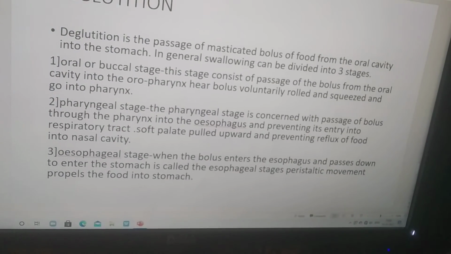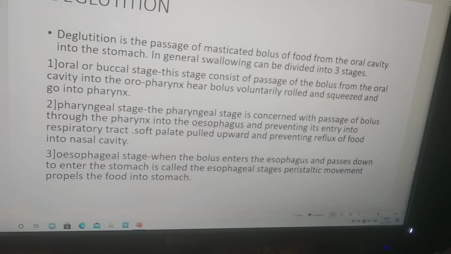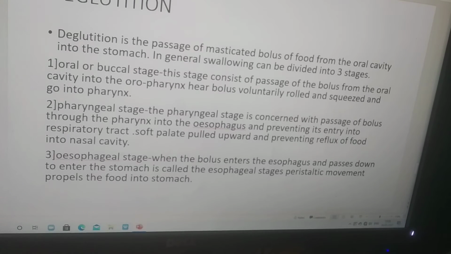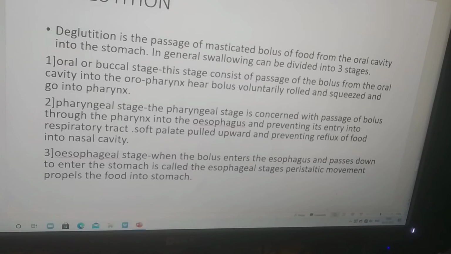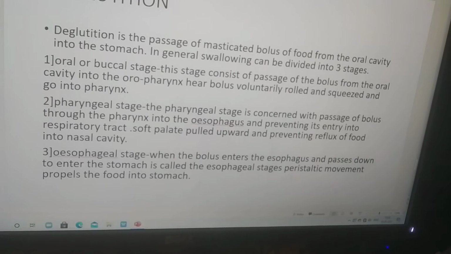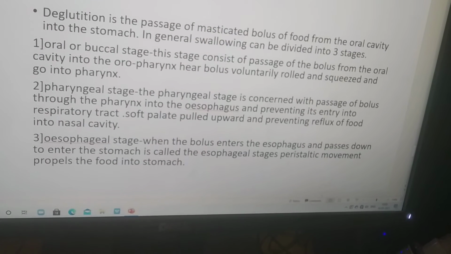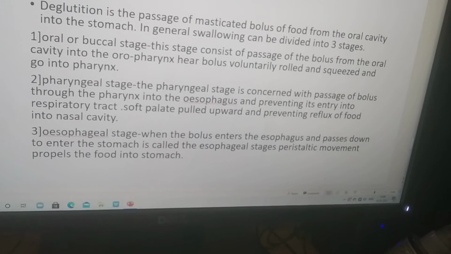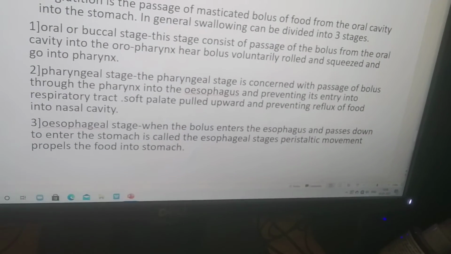Then starts pharyngeal stage. The pharyngeal stage is concerned with passage of bolus through the pharynx into the esophagus and preventing its entry into respiratory tract. Soft palate is pulled upward, preventing reflux of food into nasal cavity.